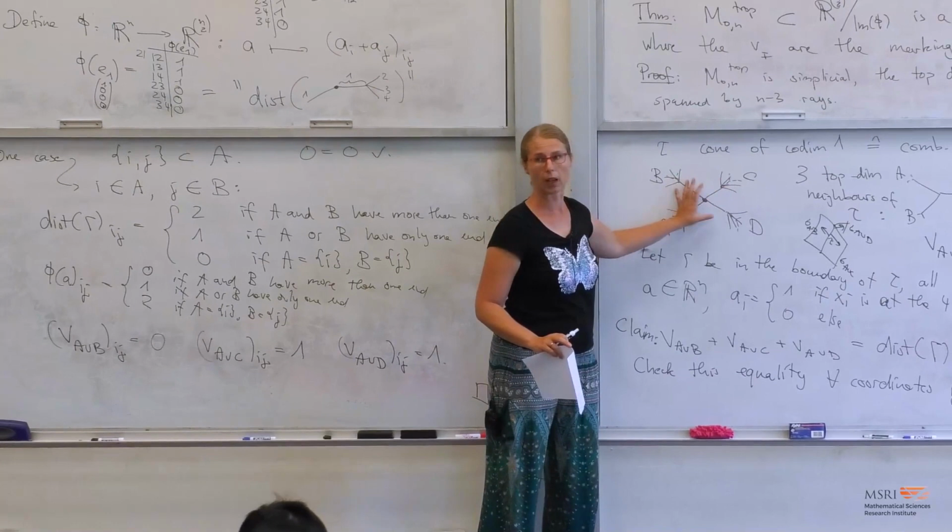Sigma 1 pure of dimension n. We consider a map from the support of my first fan to the support of the second fan. And I call this a map of fans if it is set linear.